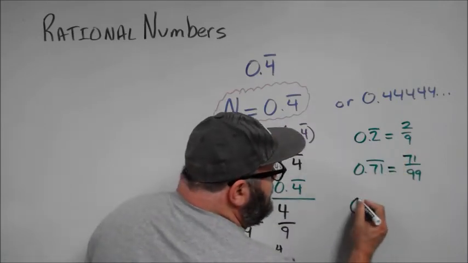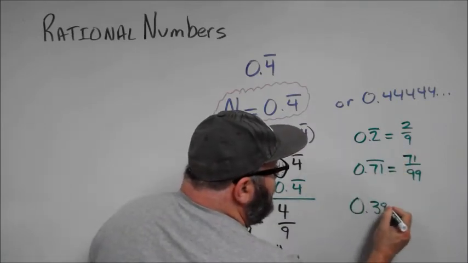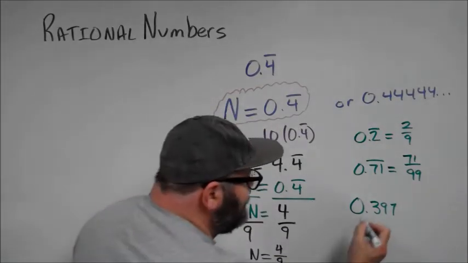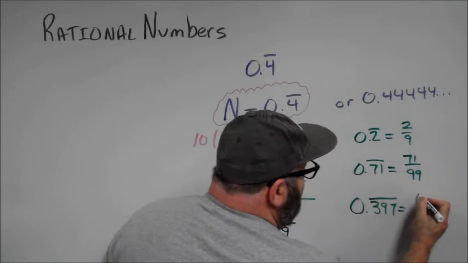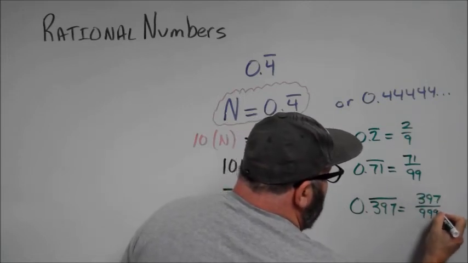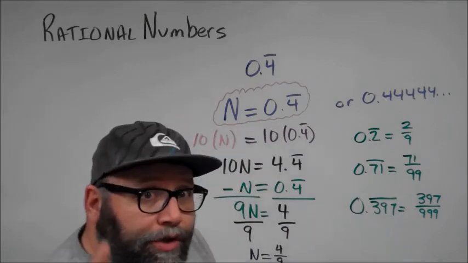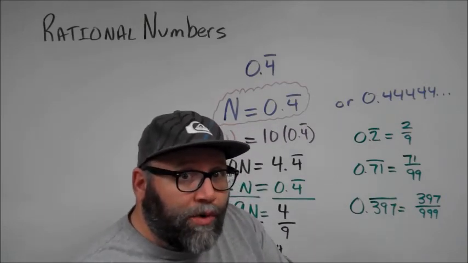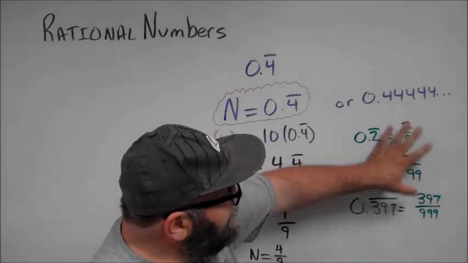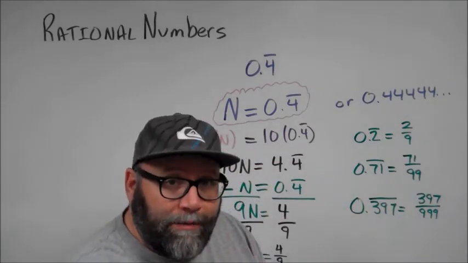So if I said 0.397 repeating, I would have 397 over 999. Now, you know and I know that the most important thing with fractions is simplified fractions. So for each of these we take a look and ask, can we make it smaller?